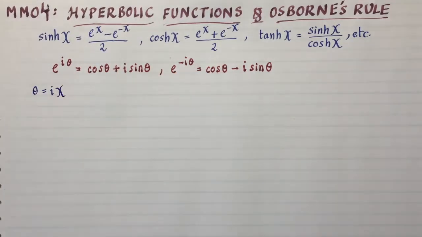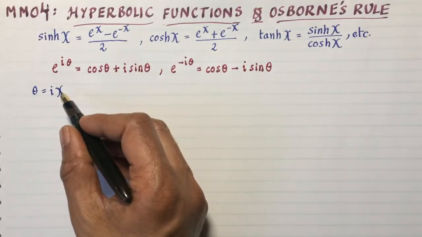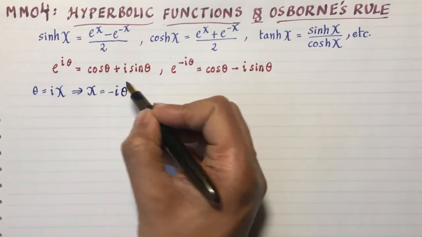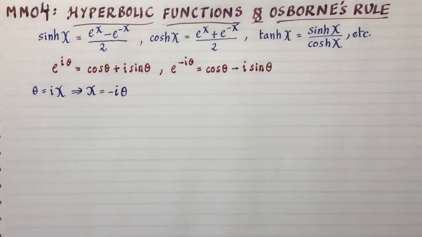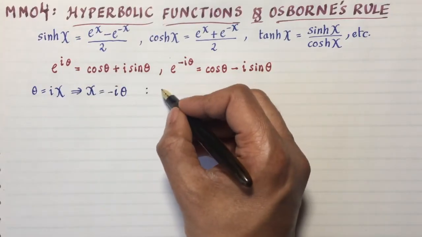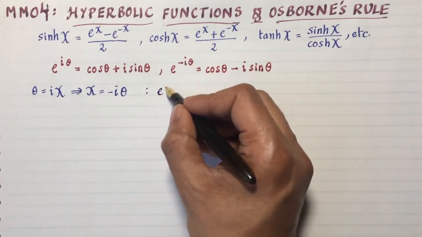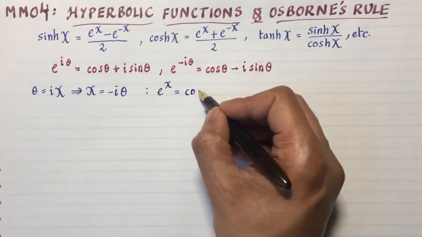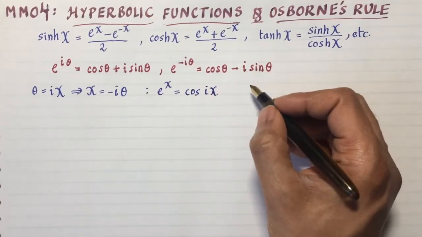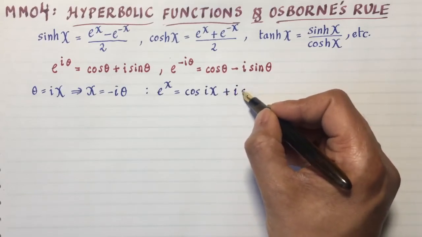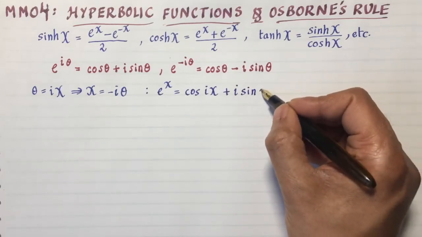In other words, I'll put theta equals minus i times chi. Then from the first formula, I'm going to get e to the chi is equal to cosine i chi plus i times sine i chi.